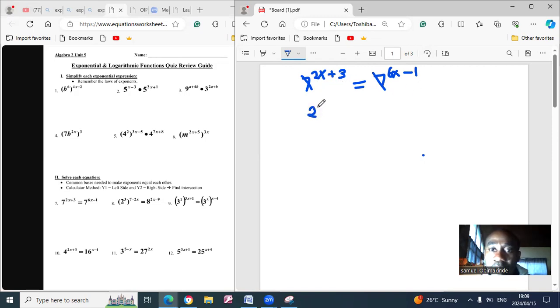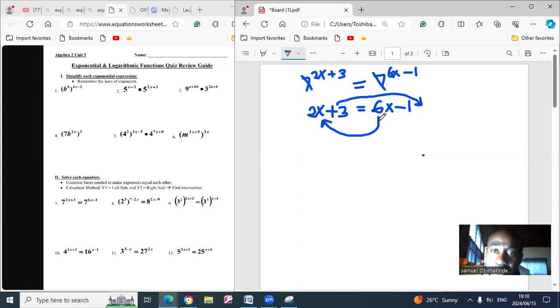So in this case, we have 2x plus 3 equals 6x minus 1. At this point, we collect the like terms. We can bring the 6x to this side, then we bring the plus 3 to the other side.